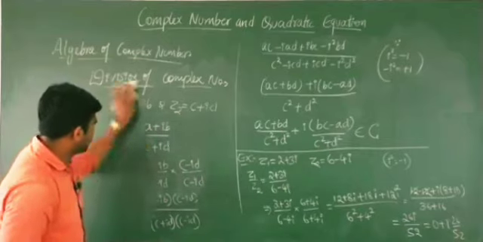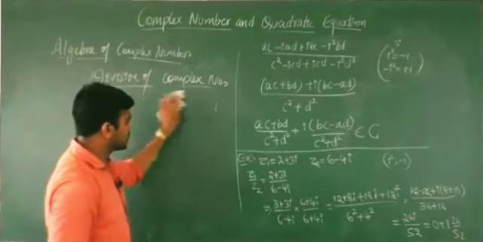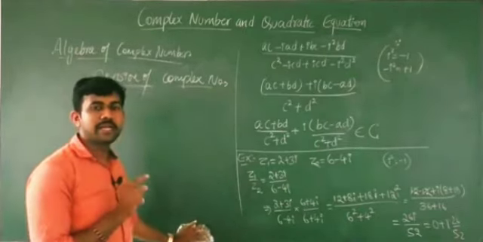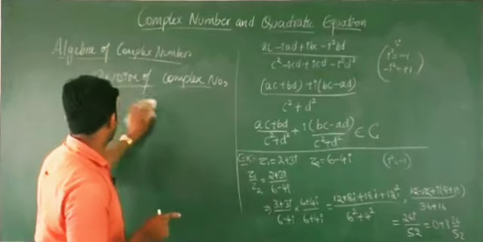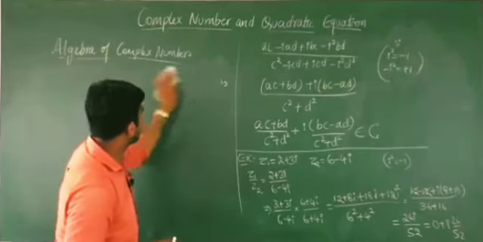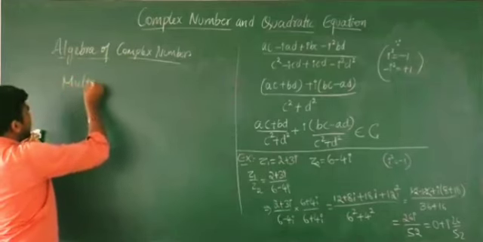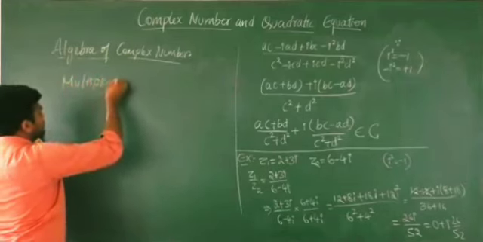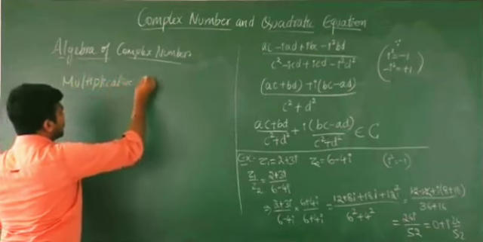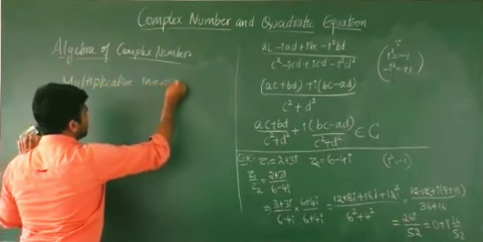Okay. Now one more thing connected to this, that is the multiplicative inverse. Just see that, then we'll see the remaining in the next session. Okay, see what is meant by multiplicative inverse. Multiplicative inverse of a complex number.